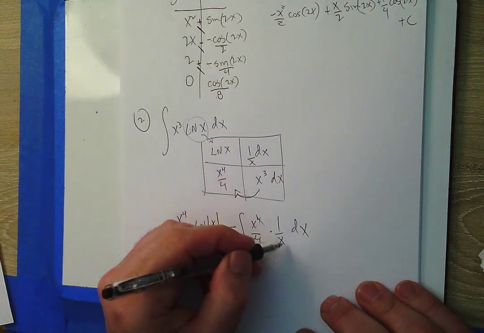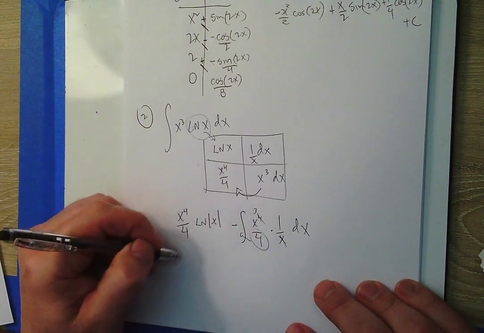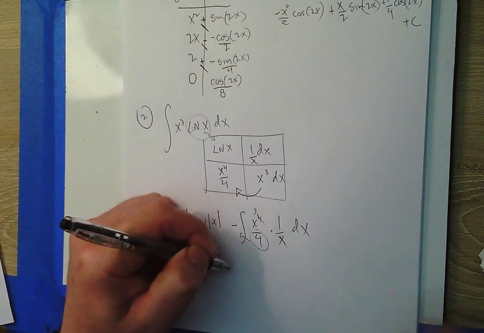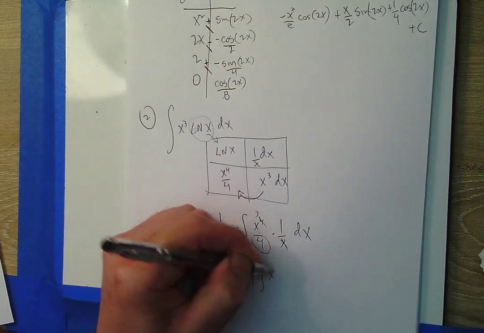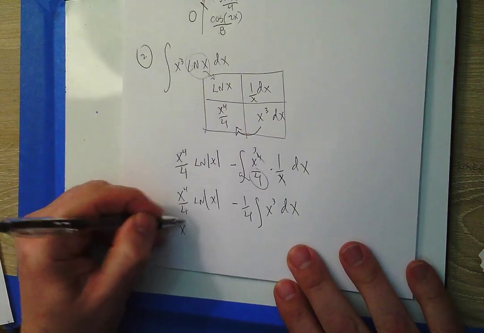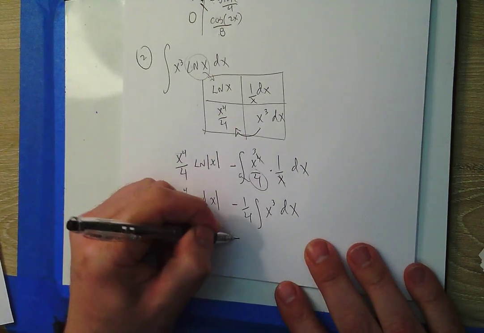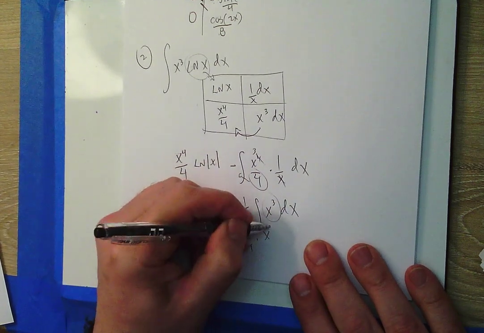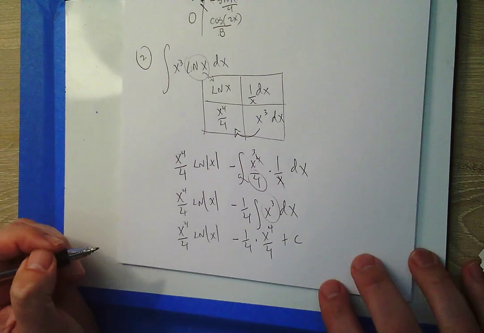Well, I can do some canceling here and pull out this constant. So I'm going to have x to the fourth over 4 ln absolute x minus 1/4 integral x to the third dx, which will be x to the fourth over 4 ln x minus 1/4 times the antiderivative of x to the third is x to the fourth over 4 plus c.